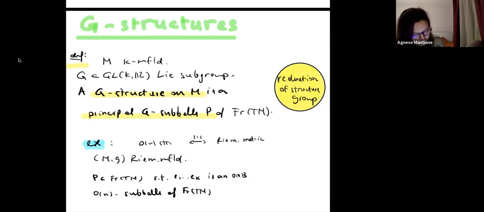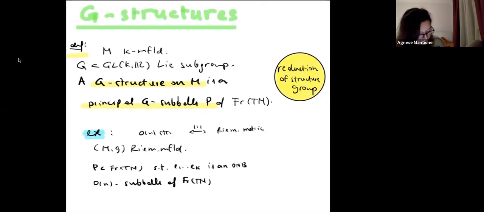So in other words, we start with a k-dimensional manifold, and then the frame bundle is a principal bundle with fiber GL_k(R). Once we choose a Lie subgroup G of this group, a G structure is defined to be a principal G subbundle of the frame bundle. An example of a G structure is an O(k) structure, which corresponds to a Riemannian metric.